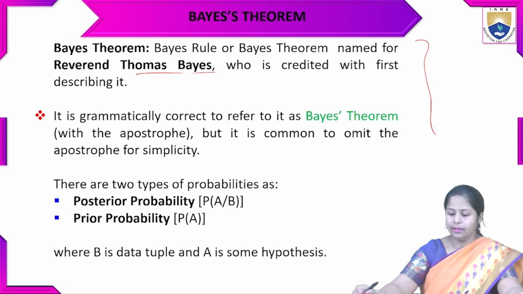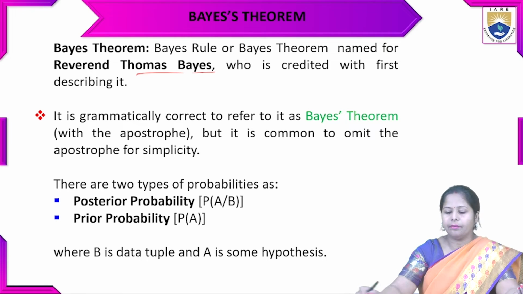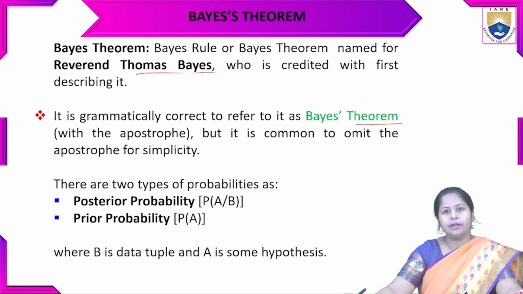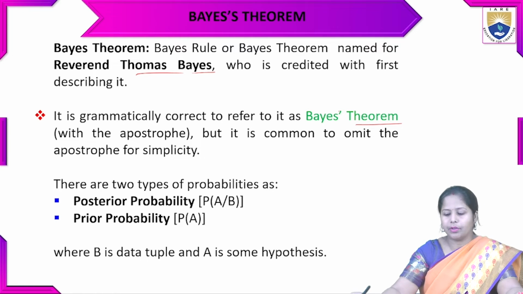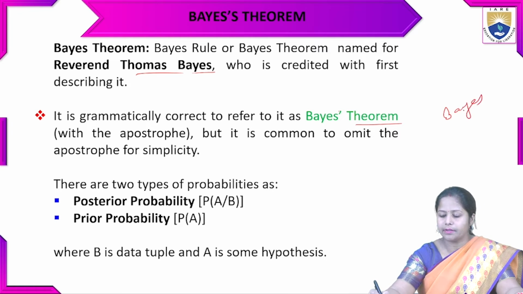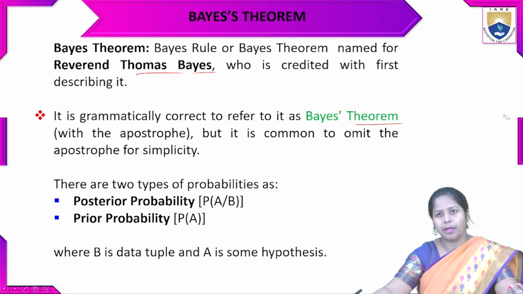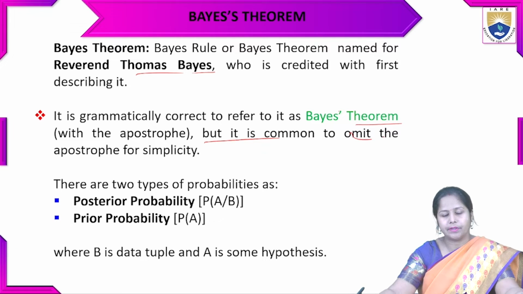It is grammatically correct to refer to it as Bayes' theorem, but we commonly ignore the apostrophe and write Bayes theorem, omitting it for simplicity.